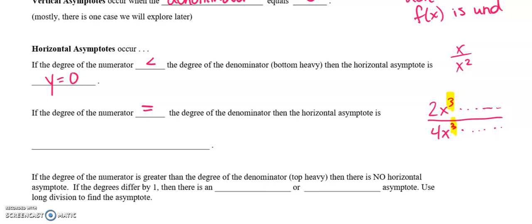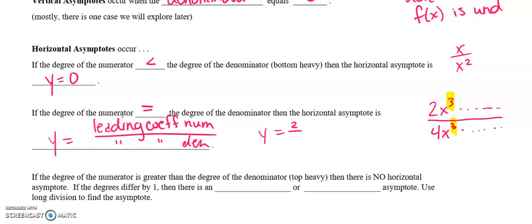Then the horizontal asymptote is y equals leading coefficient of the numerator divided by leading coefficient of the denominator. So in this case, it would be y equals 2 over 4, also known as 1/2.